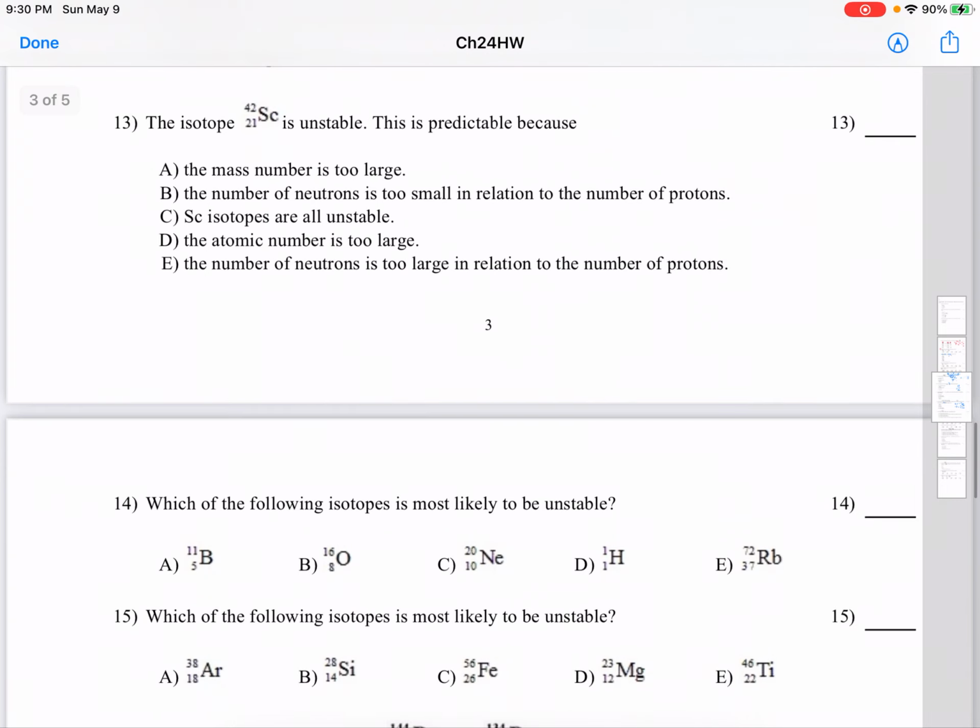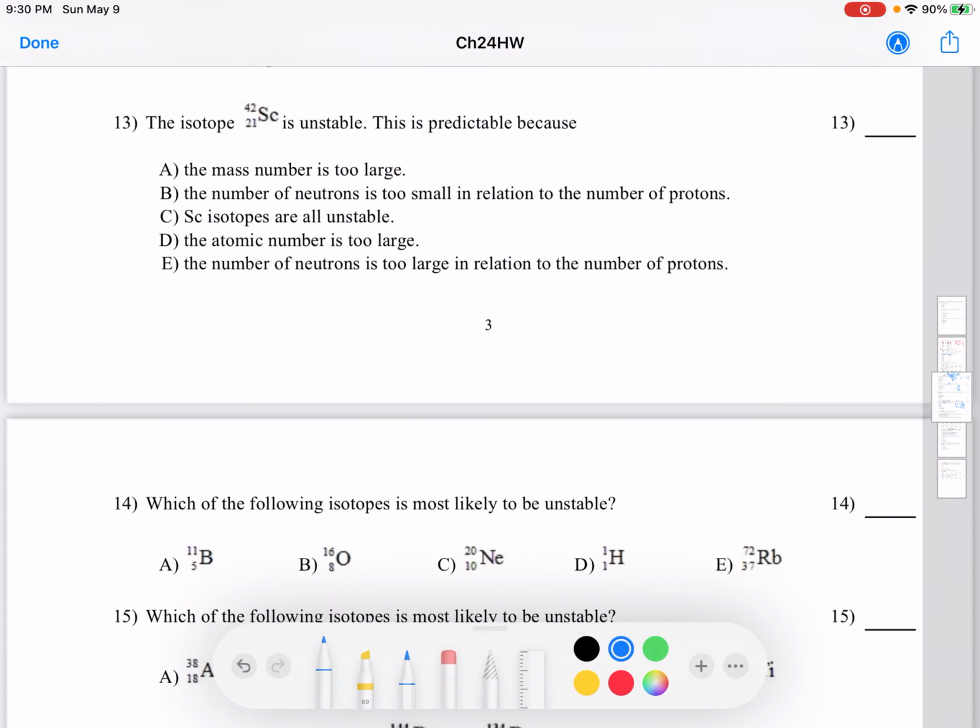Number 13, the isotope scandium-42 is unstable. This is predictable because, why is it predictable that it is unstable? Now let's look at scandium, atomic number 21, atomic mass given as 44.95. 44.91 is the atomic mass of scandium from the periodic table, and the scandium given is 42.